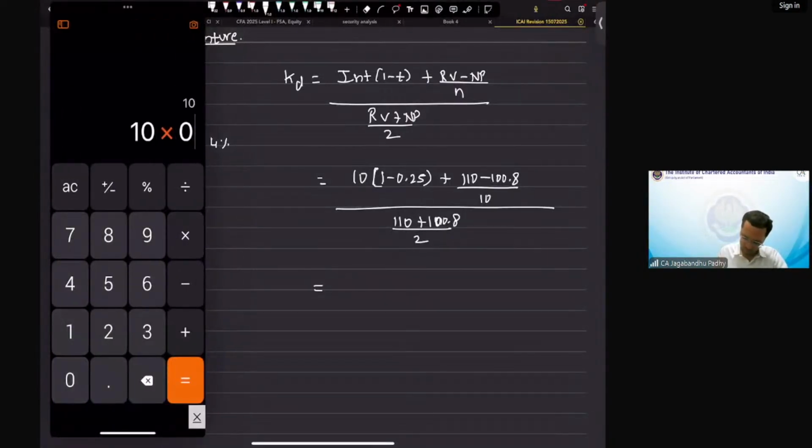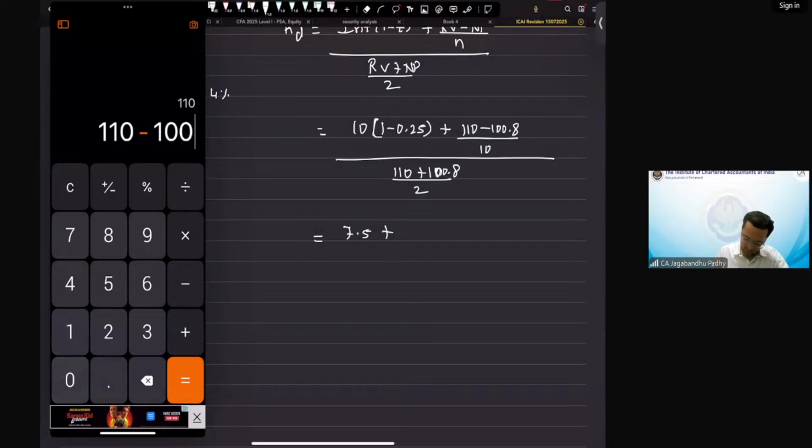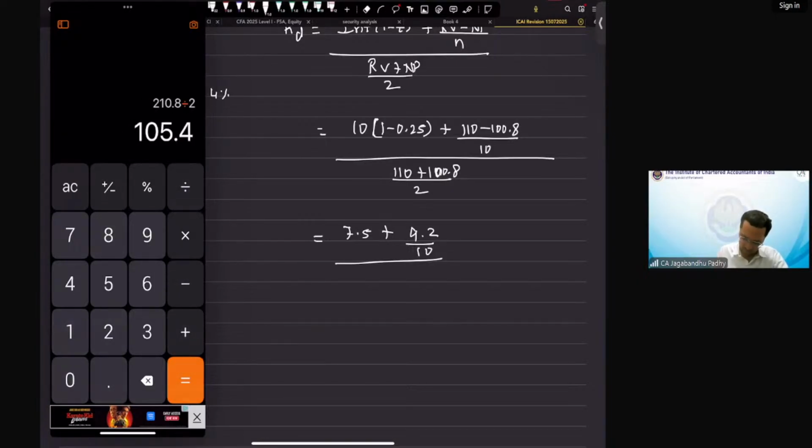10 into 0.75 is 7.5, plus 110 minus 100.8, which is 9.2, divided by 10, the whole divided by 110 plus 100.8, 210.8 divided by 2, which is 105.4.